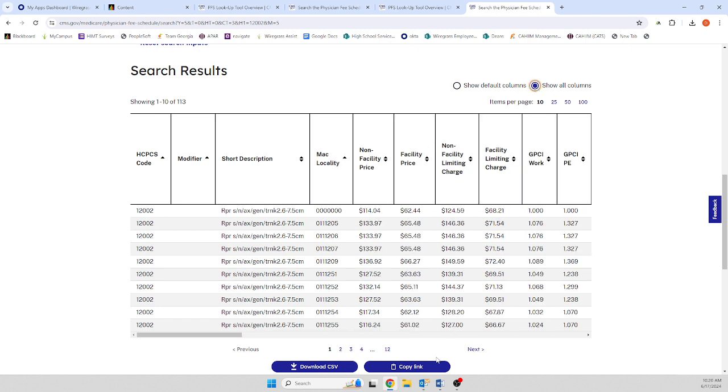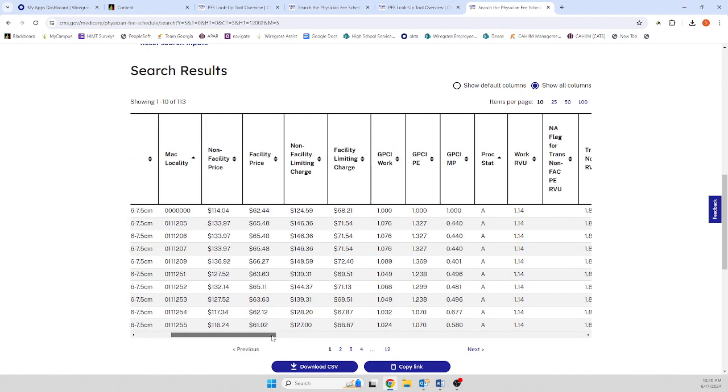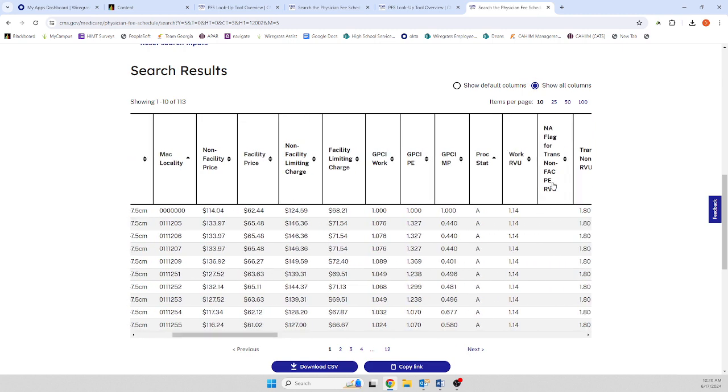We're going to show all columns. Our work RVU is 1.14. Make sure you come up here and hit show all columns.